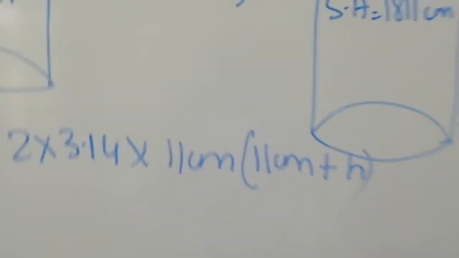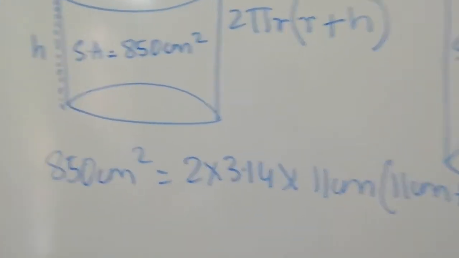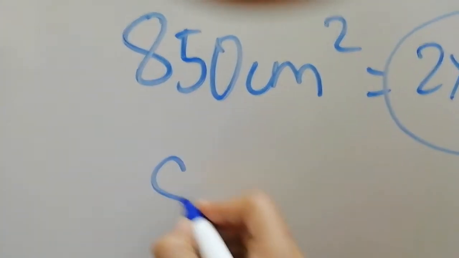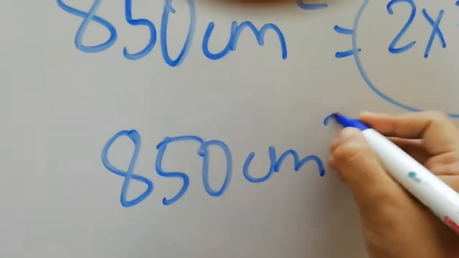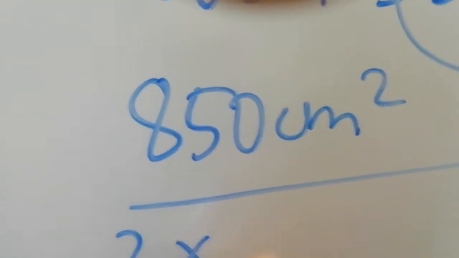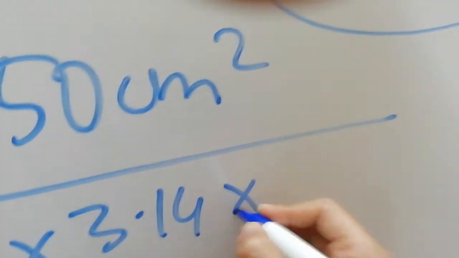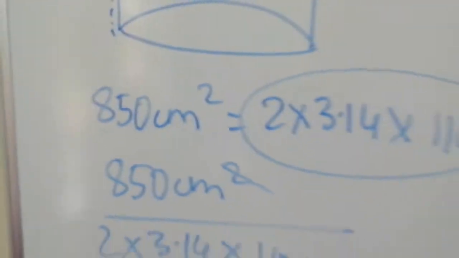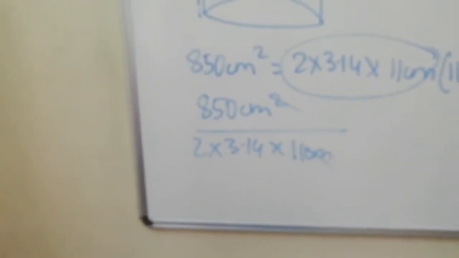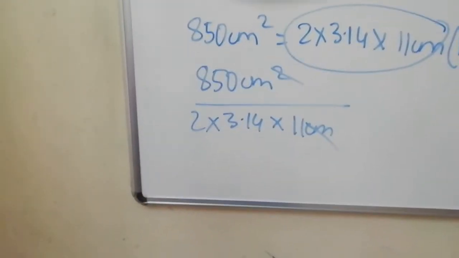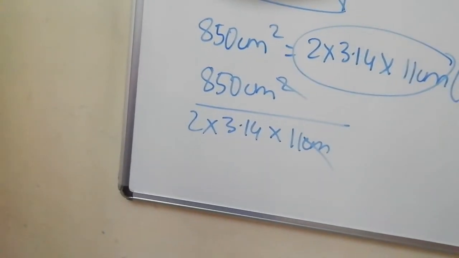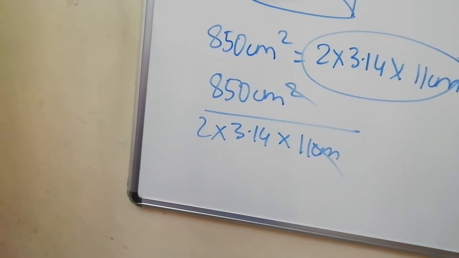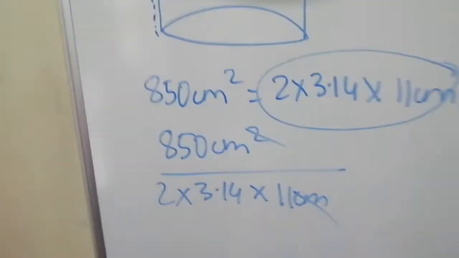Now I will take the whole of this to the left side, so that will be divided: 850 centimeters square divided by 2 into 3.14 into 11 centimeters. The centimeter units cancel. Now it is 850 divided by 2 divided by 3.14 divided by 11, which is 12.30.